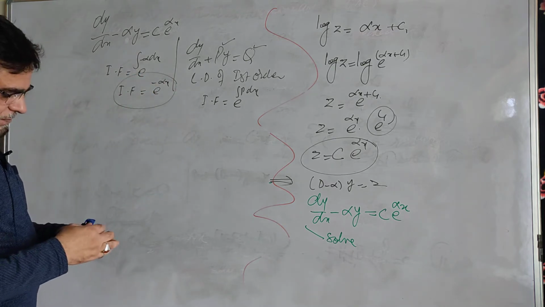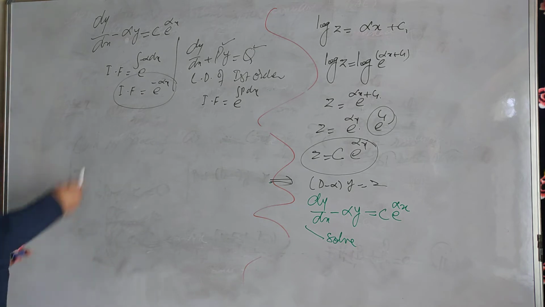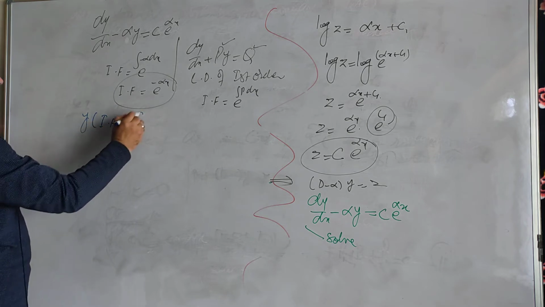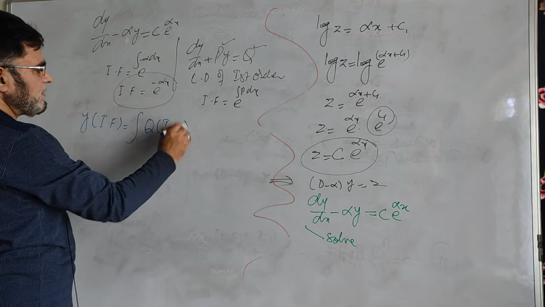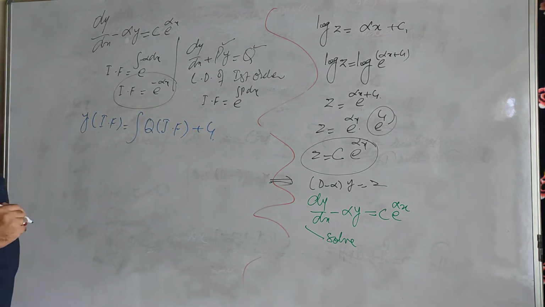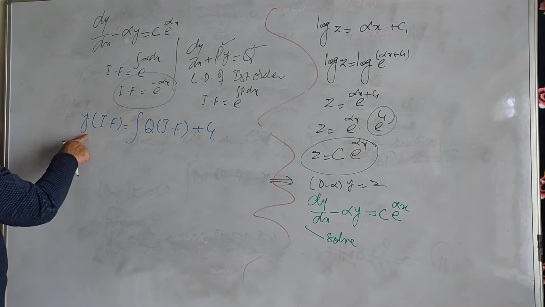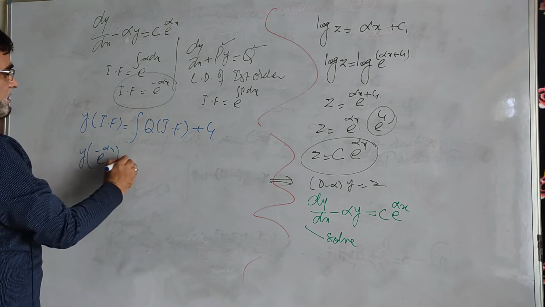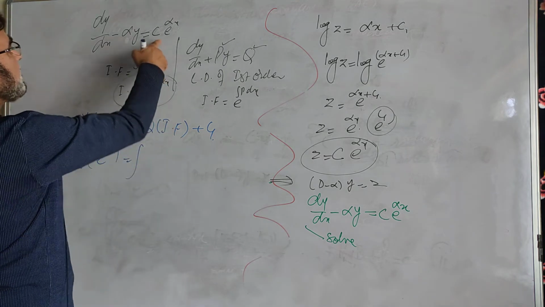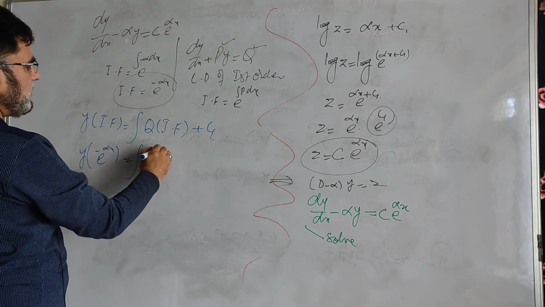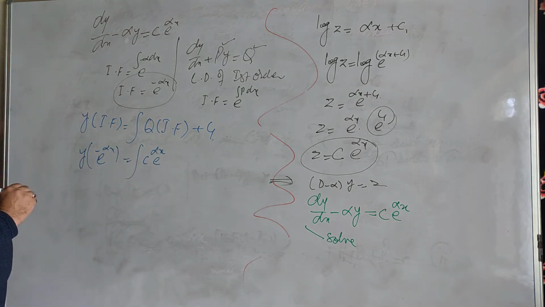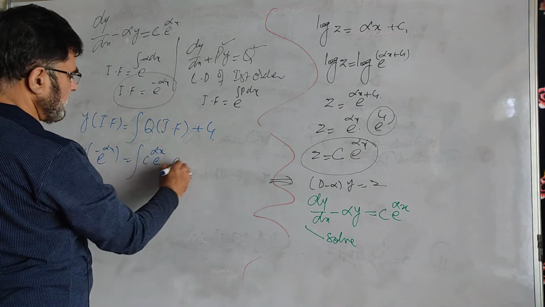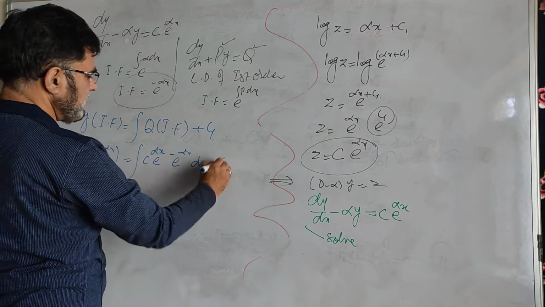You remember that solution? How do you write the solution? Y into integrating factor, because the dependent variable is y. It is y into integrating factor is equal to integral of q into integrating factor plus some constant c1. What is the integrating factor? E raised power minus alpha x. What is your q? Your q is this c e raised power alpha x. Then integrating factor is this e raised power minus alpha x dx plus c1.